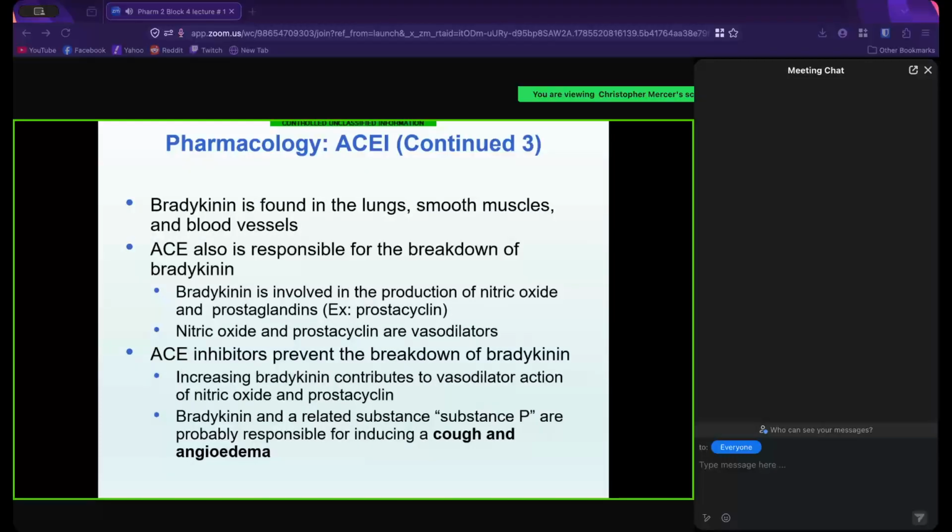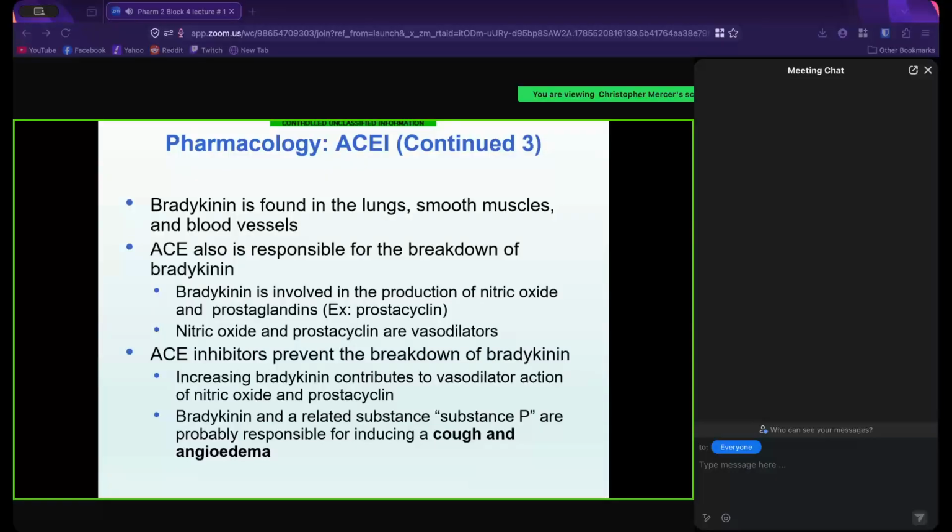So our friend or foe, bradykinin. The slide says ACE. Bradykinin therefore goes up.